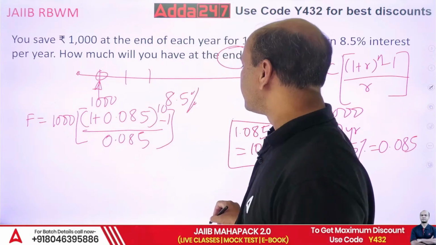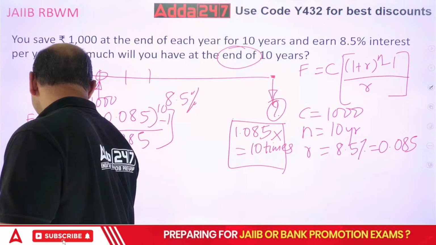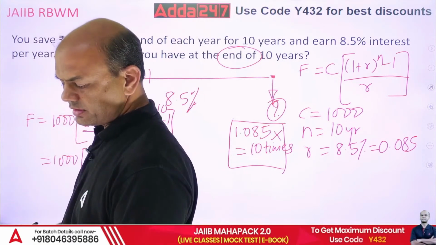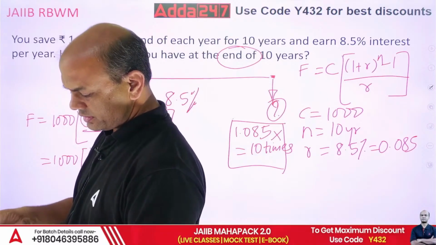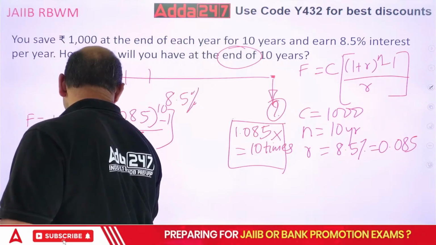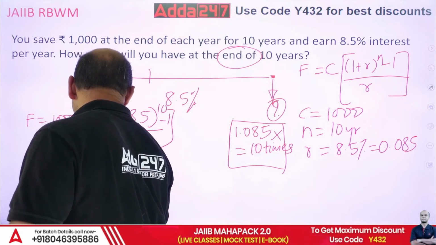So get the answer. It is 1000 into, what is it? 2.26 minus 1, upon 0.085.